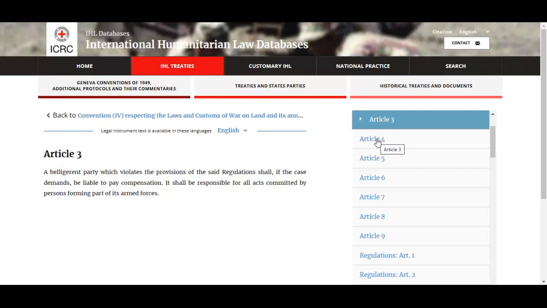So a belligerent party such as the Australian government, not the occupied, but the belligerent, that violates the provisions will be liable to pay compensation, and it shall be responsible for all acts committed by persons forming part of its armed forces, like the police.